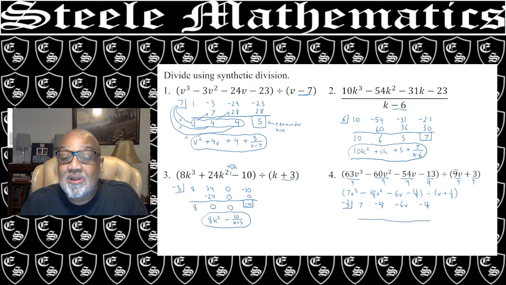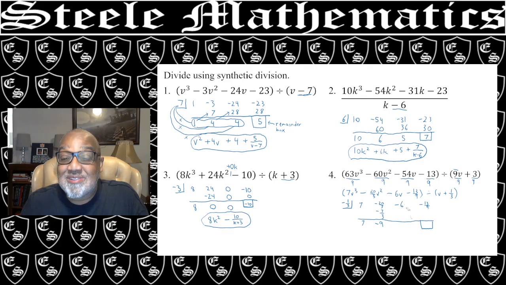Draw your line and draw your remainder box. Bring down the 7. Negative 1/3 times 7 is negative 7 over 3. And negative 20 over 3 minus 7 over 3 is negative 27 over 3, which is negative 9. Negative 1/3 times negative 9 is 3.